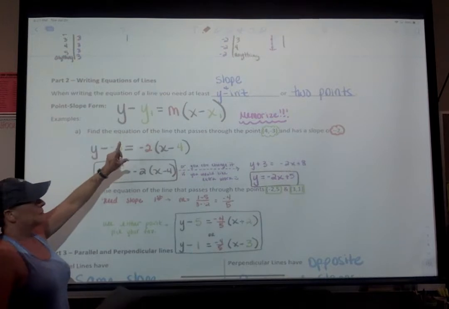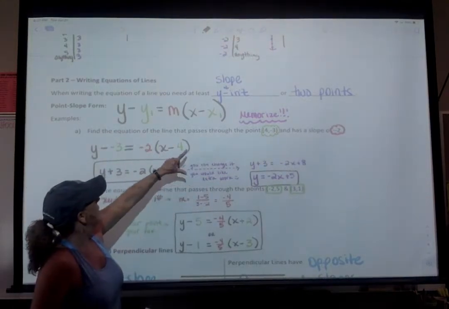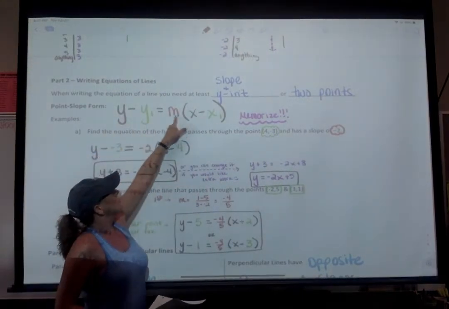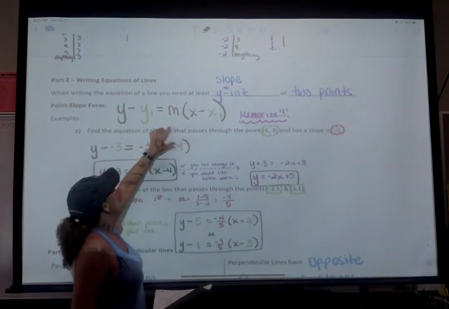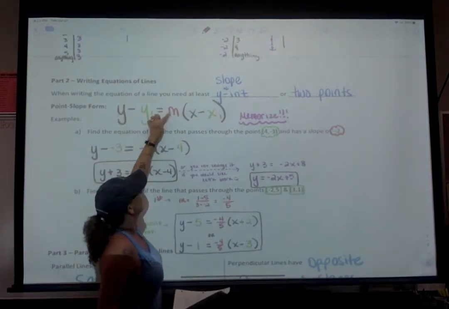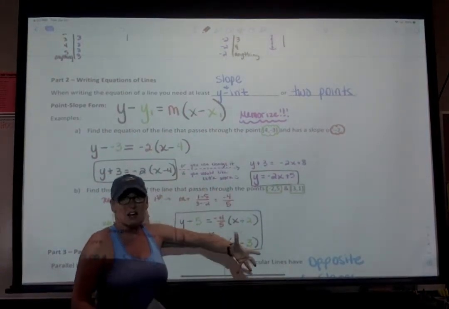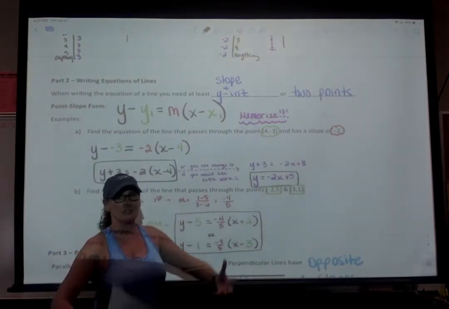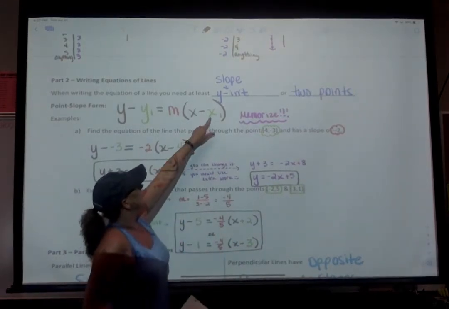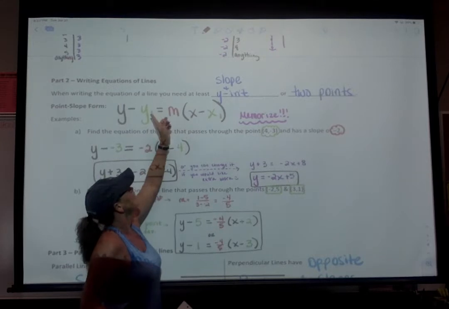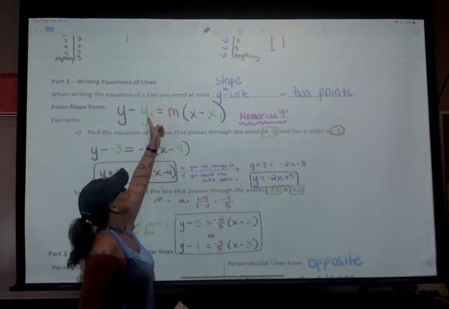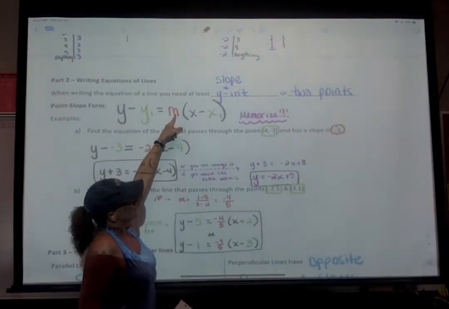For the first example, I've kind of color-coded that in our point slope form equation, everything that you see in black is locked in. It gets written every single time. Whenever you see the green here, that's where your ordered pair goes. And what you see in red here, that's where your slope goes.